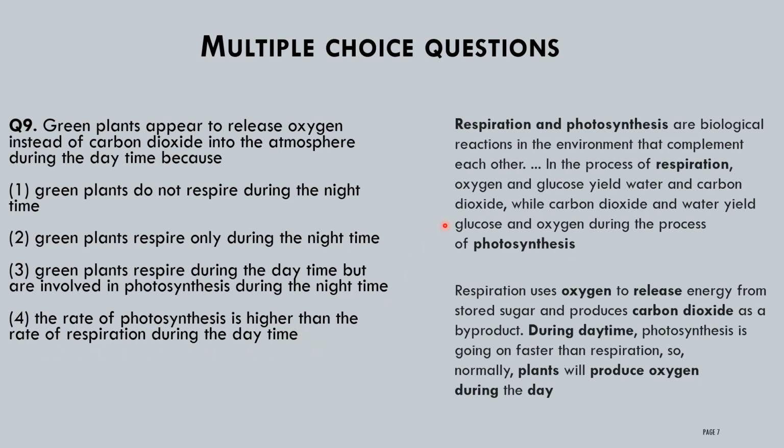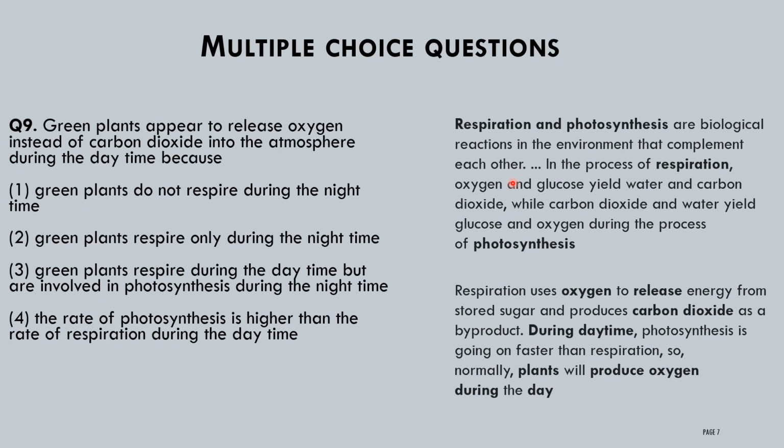Let us discuss in detail. Here, respiration and photosynthesis are biological reactions in the environment that complement each other. In plants, normally there are two main processes that occur. One is respiration, another one is photosynthesis.